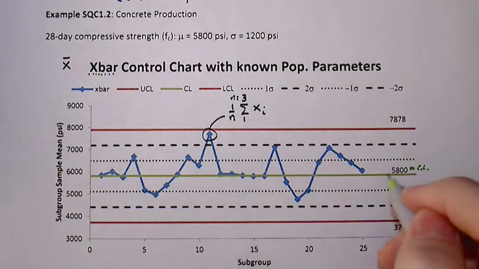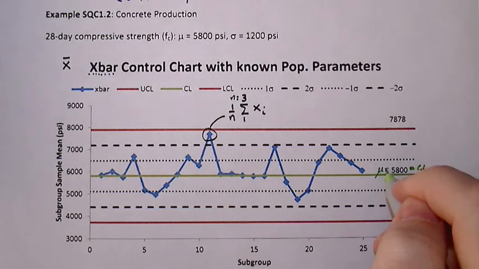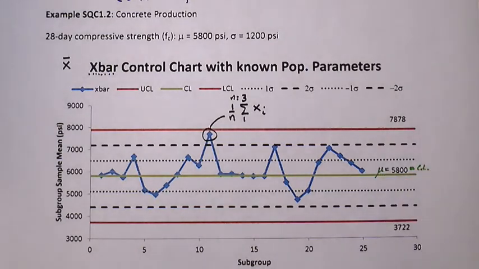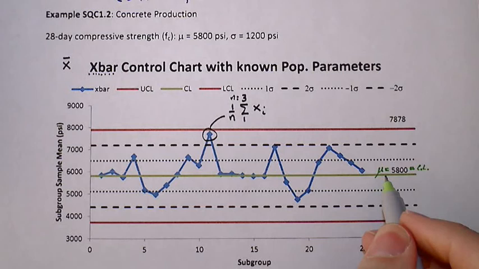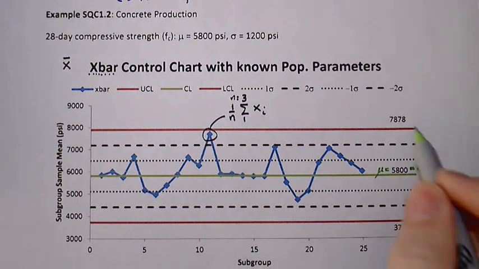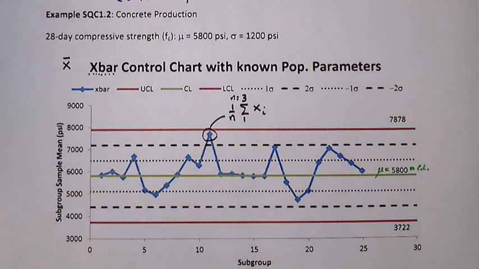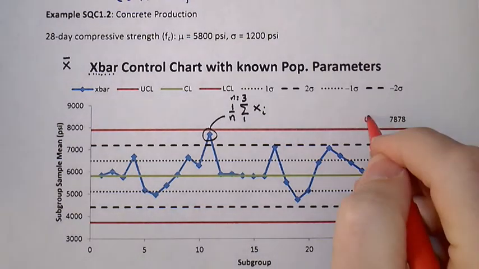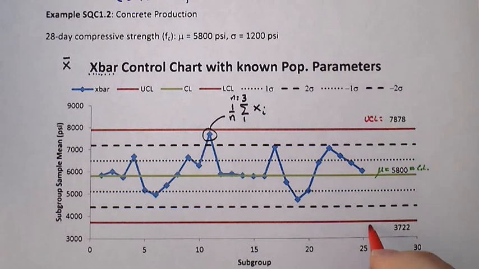And certainly in this case, since we know the population mean, that is exactly the case. In other control charts, that will be slightly different. It'll be an estimator of the population mean that will be our center line. These other two numbers at these outer bands are the upper and lower control limit, UCL and LCL.